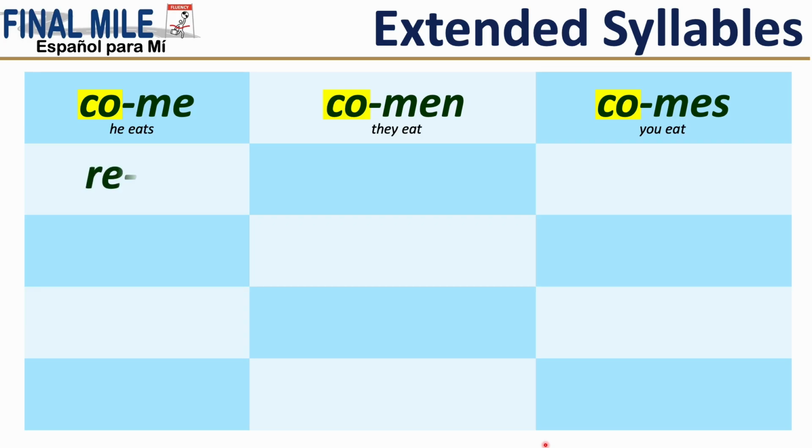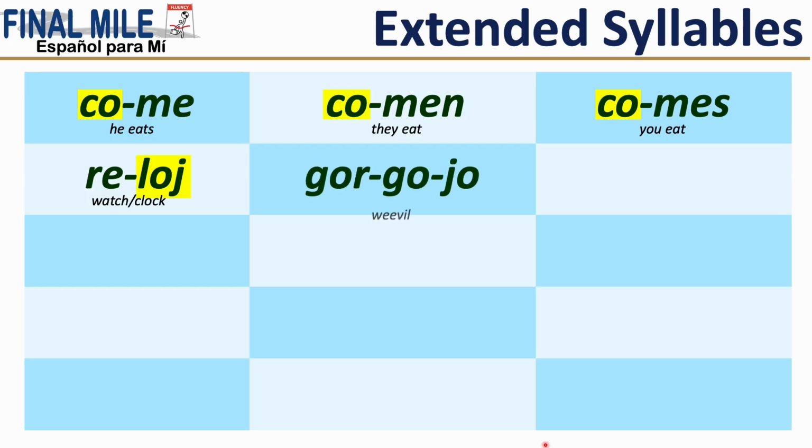Okay, let's look at the next ones. The basic syllable lo, we add a J to it. Remember the sound of the J, strong H sound. So this is reloj. The basic syllable go gets an R. Gorgojo.